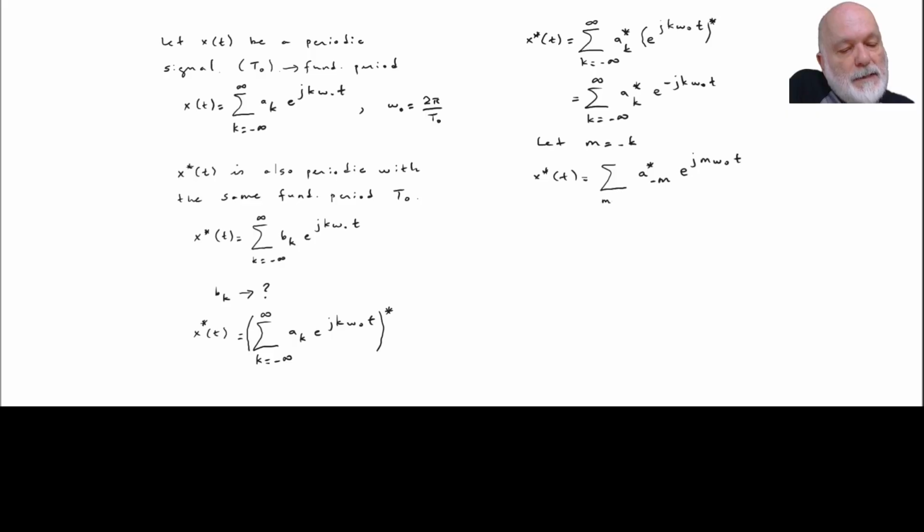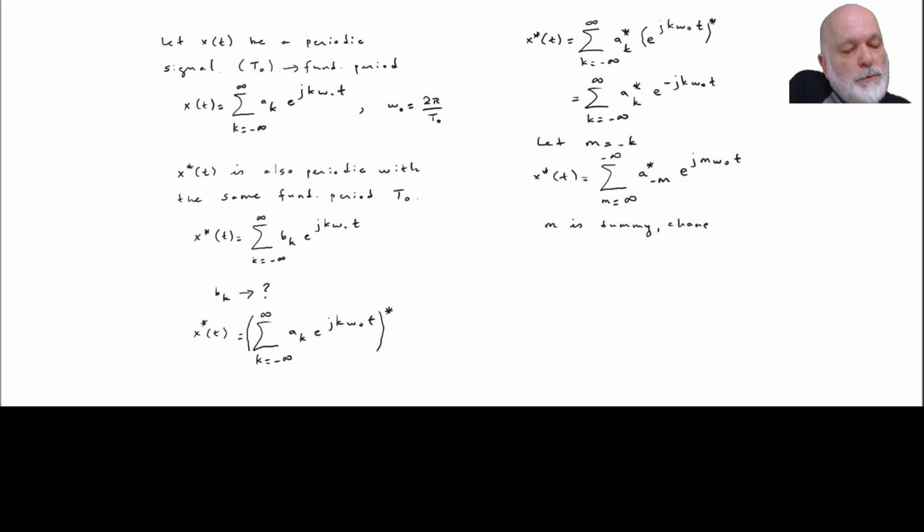And m is running from, now when k is tending to minus infinity, m tends to plus infinity, so from plus infinity to minus infinity. But in the series expression, in fact, the order can be changed. And also, m is a dummy index.